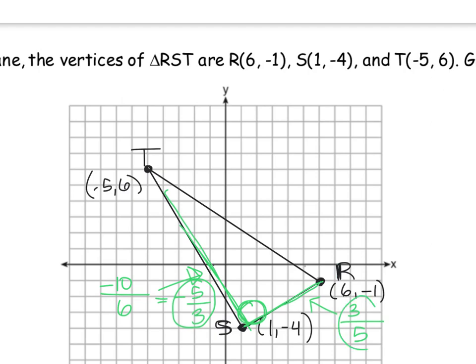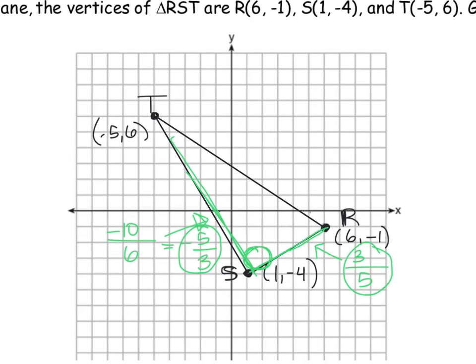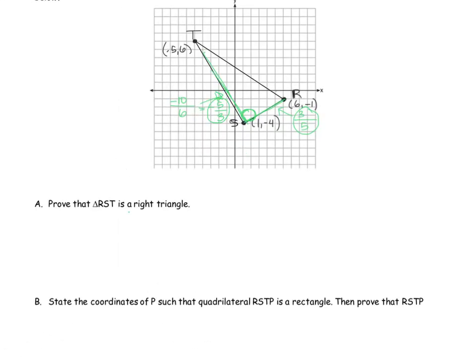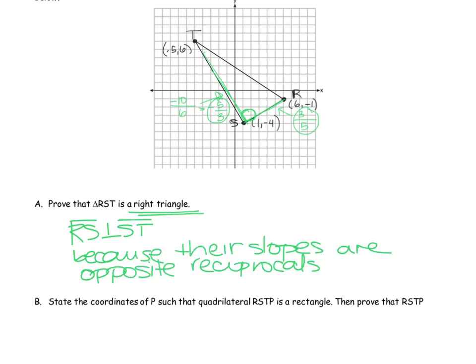So I now have a slope of -5/3 and a slope of 3/5, which shows me that RST is a right triangle. So I would say that RS is perpendicular to ST because their slopes are opposite reciprocals, which makes the consecutive sides perpendicular.